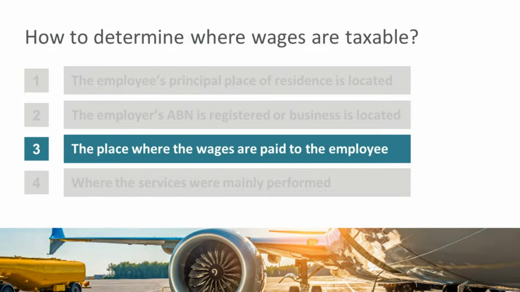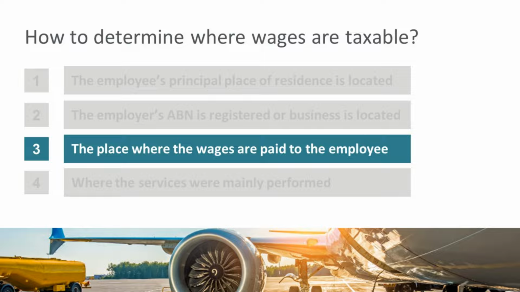At Tier 3, you look to where the wages were paid or payable, that is, where the bank account that the employee's wages are paid into. If wages are paid in a number of states or territories, payroll tax is paid in the state or territory where the largest proportion of wages is paid.